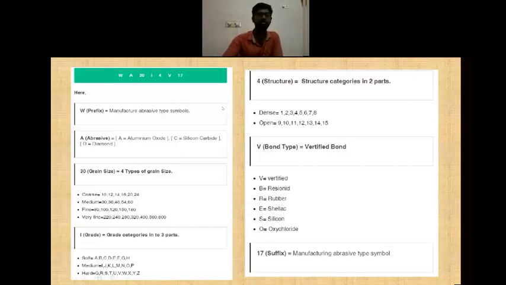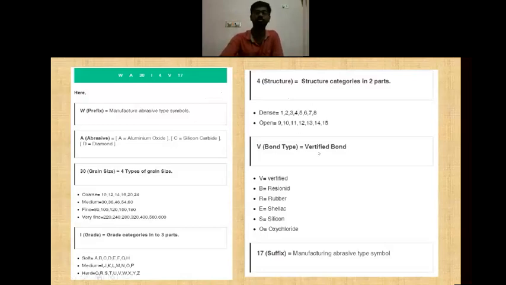Example one is WA30I4V17. In this, W denotes the manufacturer's abrasive symbol, and A denotes the abrasive material of aluminum oxide, and then 30 denotes the grain size, which is the medium sized grain, and then I denotes the medium grade of the grinding wheel, and 4 denotes the dense structure of the grinding wheel.